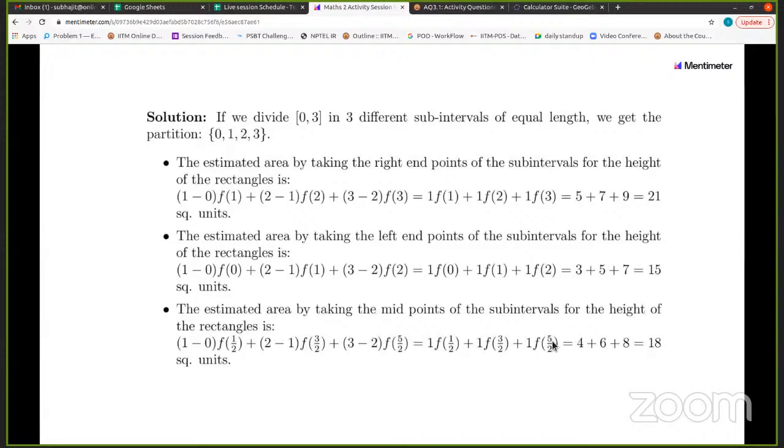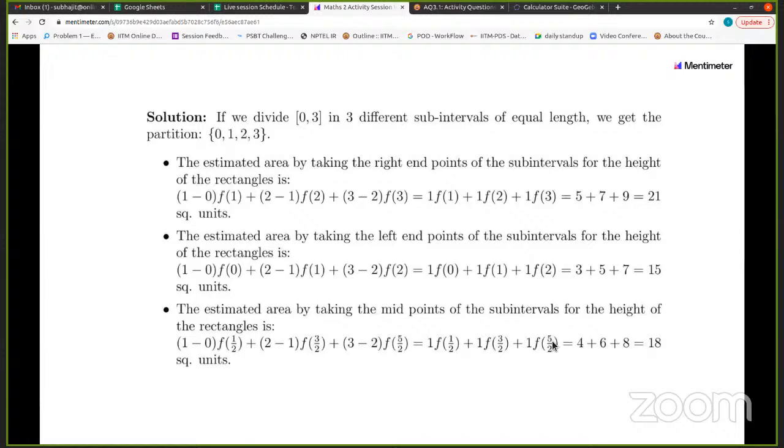And for the midpoint, the midpoint of 0 and 1 is 1/2, the midpoint of 1 and 2 is 3/2, and the midpoint of 2 and 3 is 5/2, right? And if we calculate it, I think we will get 18. So I can now see that 1 and 3 are already correct, right?